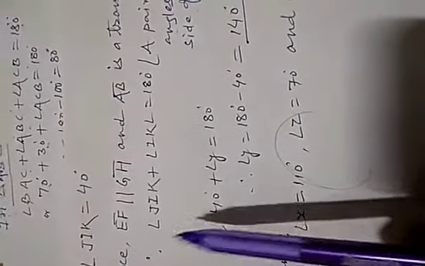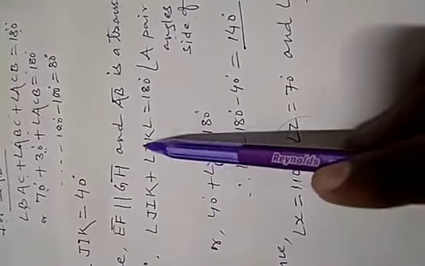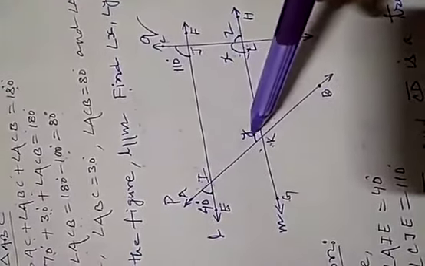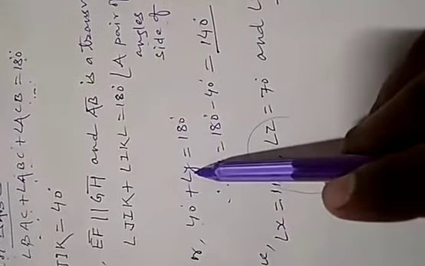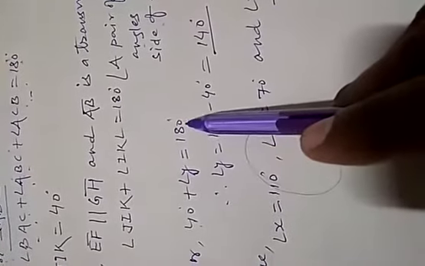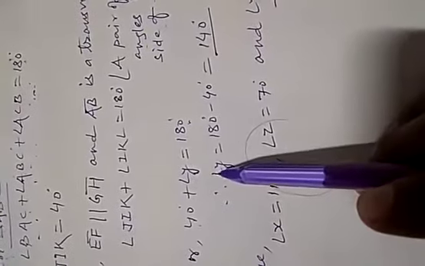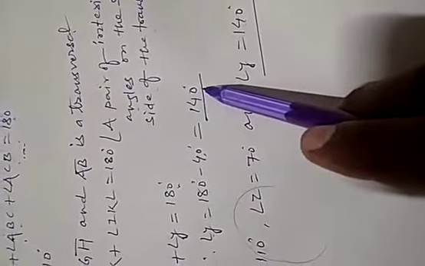Therefore, angle JIK is equal 40 degree and IKL is equal angle Y. Therefore, 40 degree plus angle Y is equal 180 degree. Therefore, angle Y is equal 180 degree minus 40 degree is equal 140 degree.